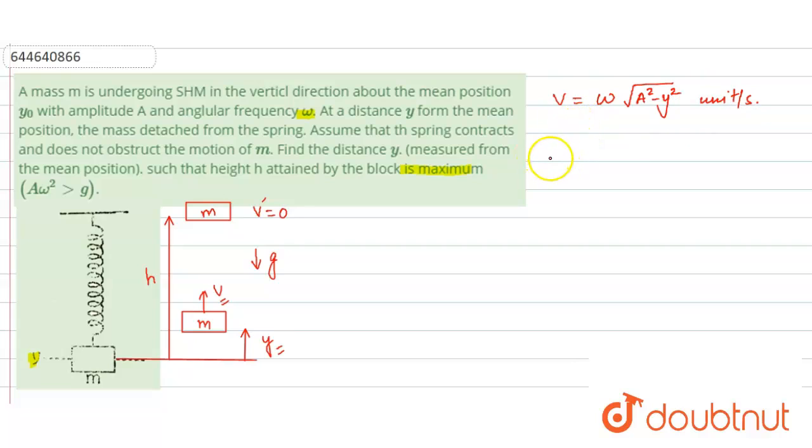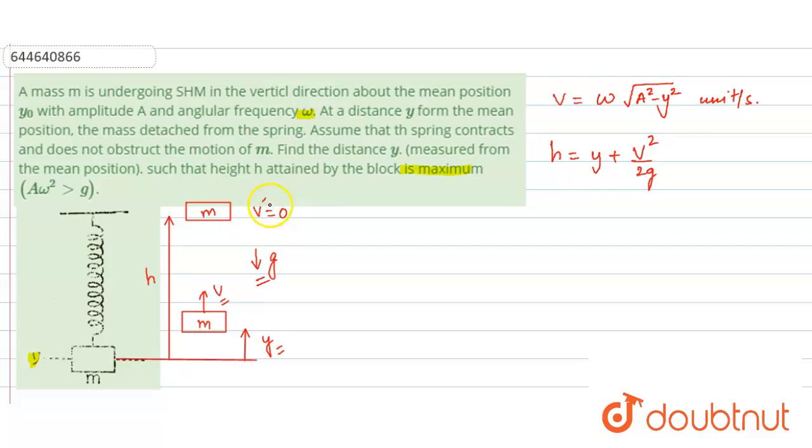Now what will be the height attained by this mass? You can see that this has velocity v, so it will attain a total height due to this g. Total height attained by the block, measured from the mean position, will be simply equal to y plus v squared divided by 2g. Why v squared divided by 2g?